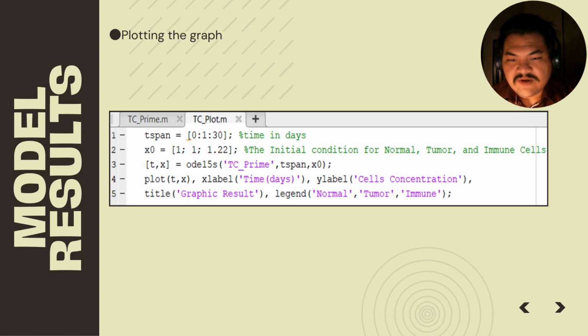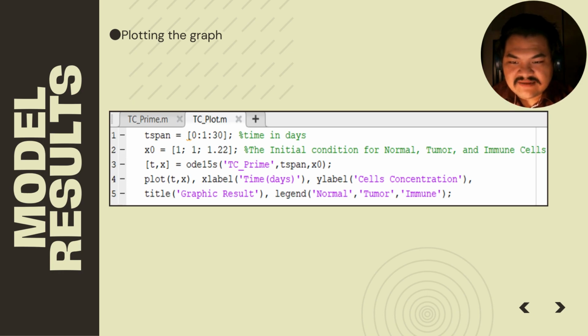After defining the equation in the file tc prime.m, we then need to plot the equation to produce the graph. So we code to obtain the graph first by having the time span, and then we have the initial boundary conditions as in x0 for normal, tumor, and immune cells.